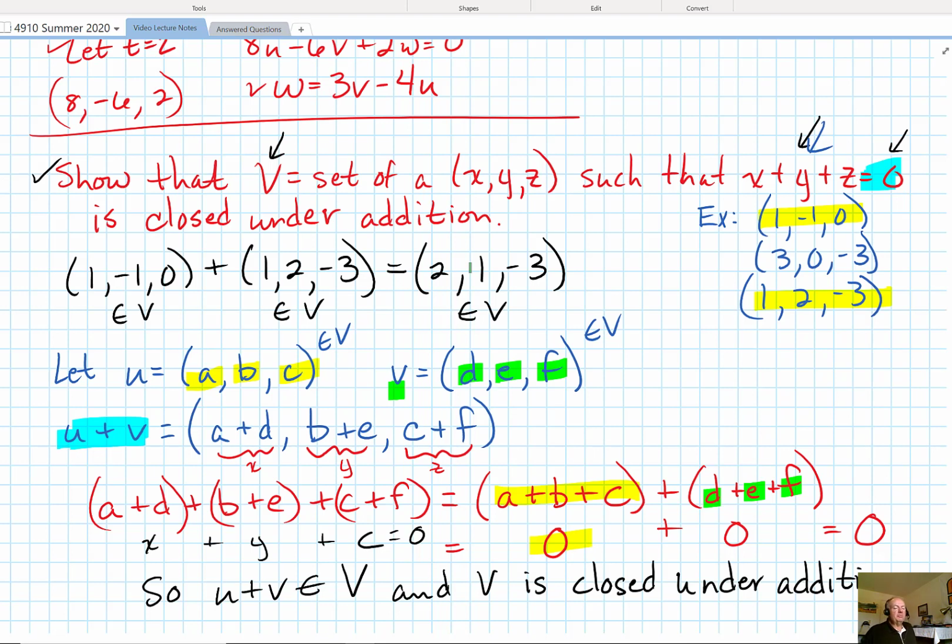So you're going to see problems that say, here's a set and it's defined by some rule. Is it a subspace? What they're really asking you to do is to determine that it's closed under addition and closed under multiplication. Those are the last little bits of this first section on vector spaces.